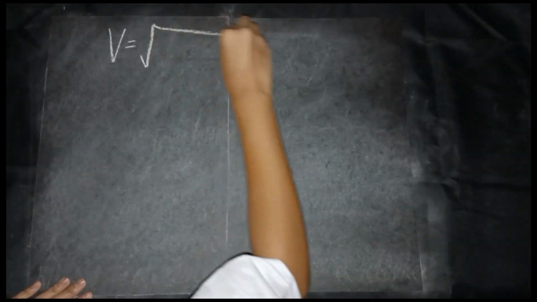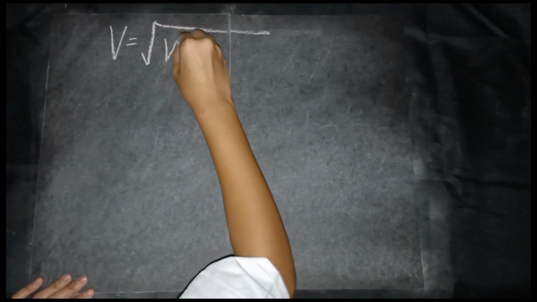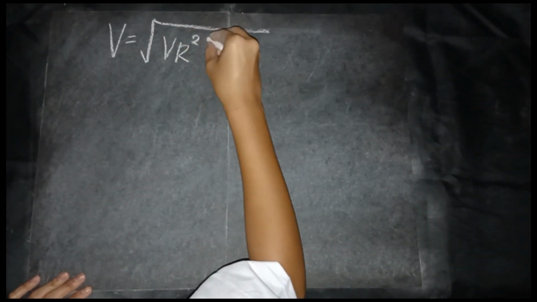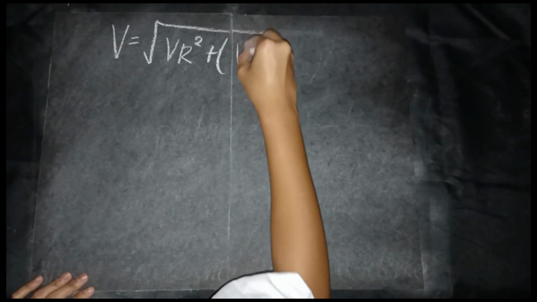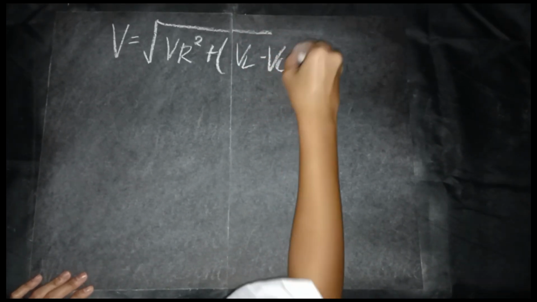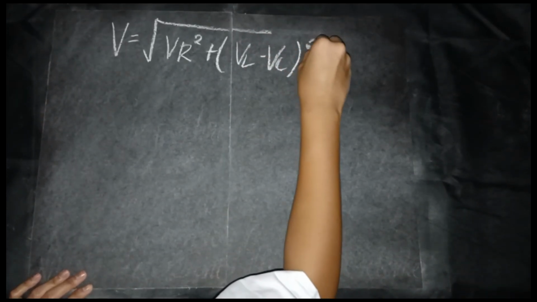So, before we derive the formula, ato sa siyang i-identify kung asa gid ay siya gikan. So, diri gid gasugod ang impedance formula sa voltage amplitude where V is equal to the square root of VR squared plus VL minus VC squared.